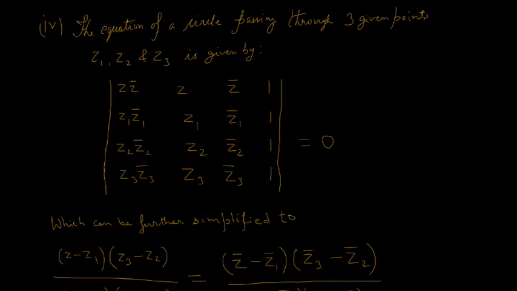This equation can be further simplified to (z − z1)(z3 − z2) upon (z − z2)(z3 − z1) is equal to (z̄ − z̄1)(z̄3 − z̄2) upon (z̄ − z̄2)(z̄3 − z̄1).